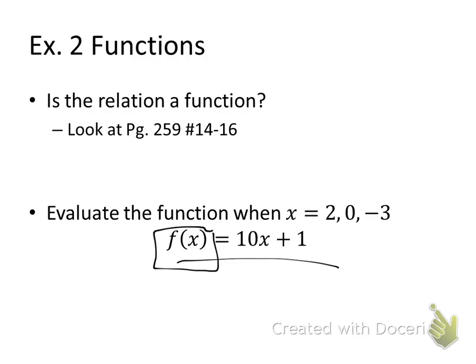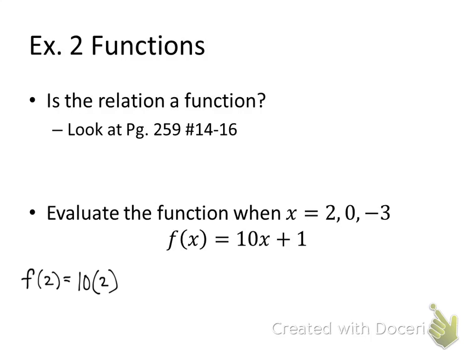We would do this like we would do any other problem that we did at the beginning of the year. I want to evaluate this problem when x is equal to 2. So everywhere I see an x, I'm going to plug in a 2. So let me do that. Let's write that down. F of 2, because I see an x there, equals 10 times 2 plus 1.